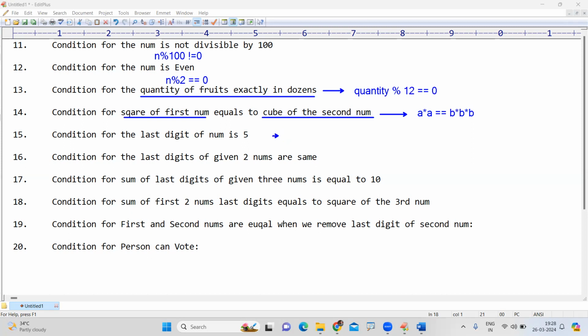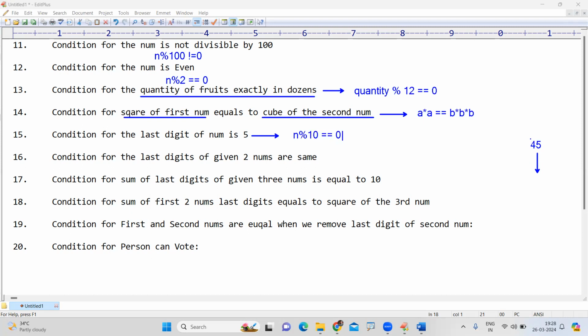Here, the last digit of the number is 5. How can you say that last digit? Suppose 45. But taking the last digit, not the complete number. How will you get the last digit? N mod 10.